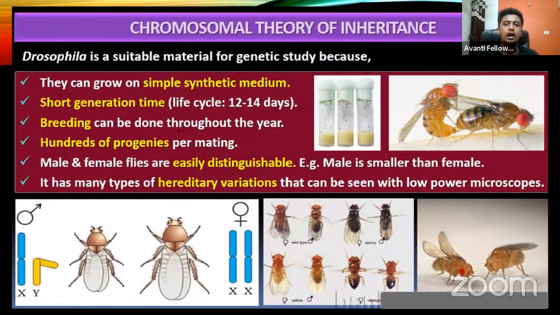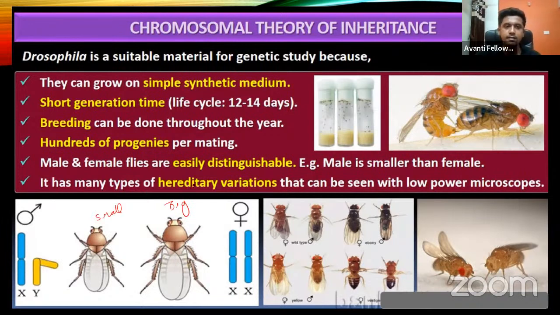For example, under laboratory conditions, I need to distinguish sexually reproducing organisms very easily. If you take the male Drosophila and female Drosophila, you can see that the male is quite smaller than the female, right? So morphologically, the male is small and the female is big. So this is a very identifiable character.